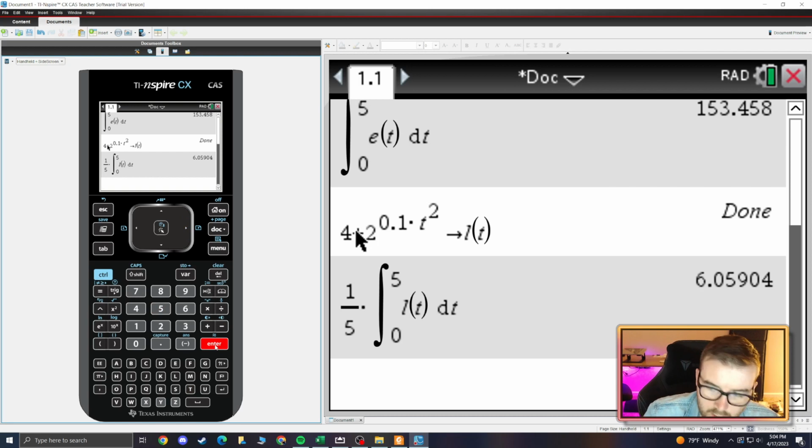So the average number of fish leaving is 6.059 fish. This is per minute or per hour? Per hour.